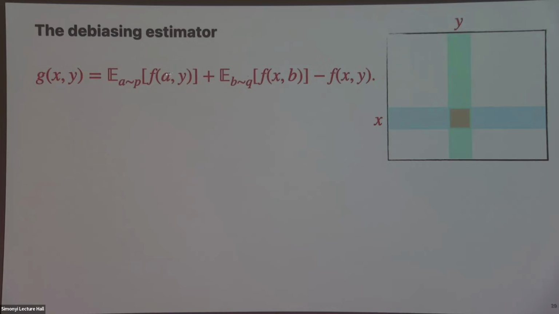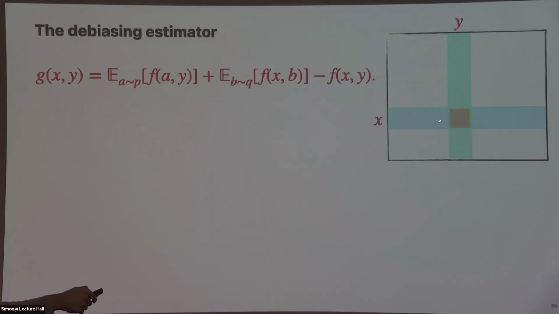I look at the expectation of f(a, y) for random a and fixed y. I do the same for randomization over the columns b. And of course, the scale is not right, because if the function is basically the same value everywhere, I'm going to get twice the expectation. So then I subtract out f(x, y). Okay. So this is what I call my debiasing estimator.